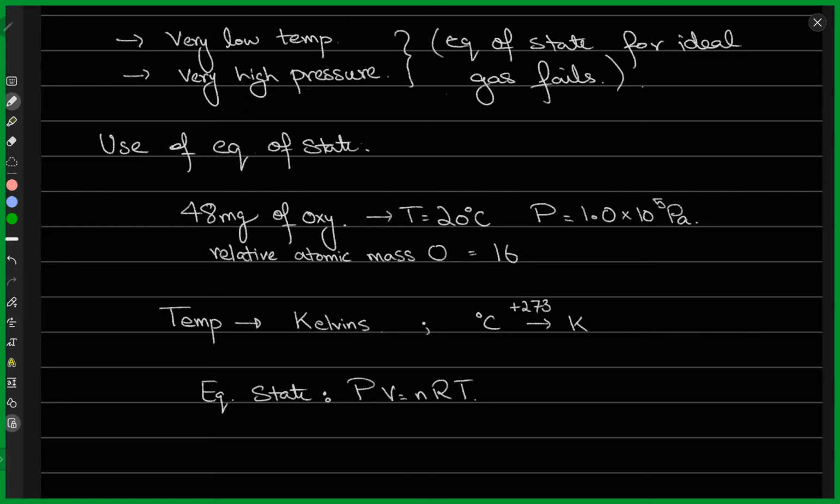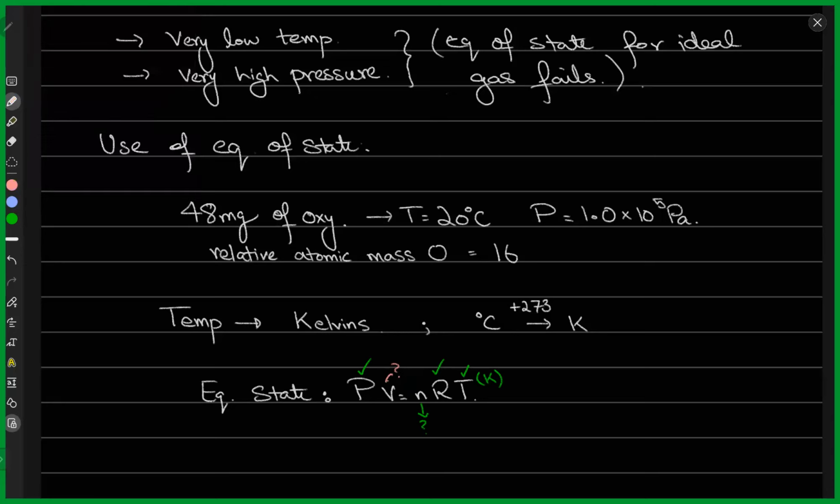Now let's look at this equation. I have the pressure, so that's cool. I need to compute the volume. The gas constant is already known. Temperature is known, but remember to find it in kelvins. And we need the number of moles.